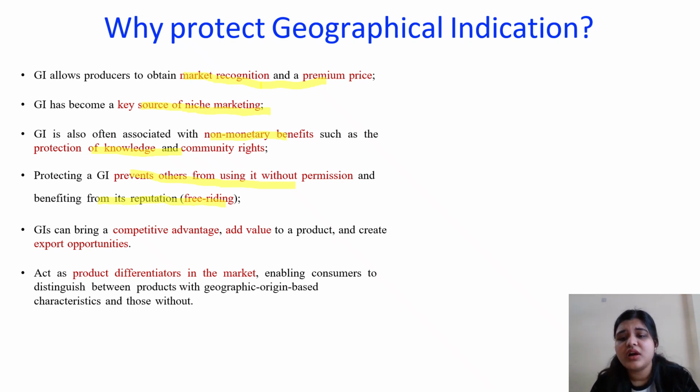So we cannot go and sell Darjeeling tea without a GI tag under the name Darjeeling tea, because obviously it is well known that Darjeeling tea has a reputation on its own and I cannot benefit from it if I am not an authorized user. So this is also a benefit of the GI tag.